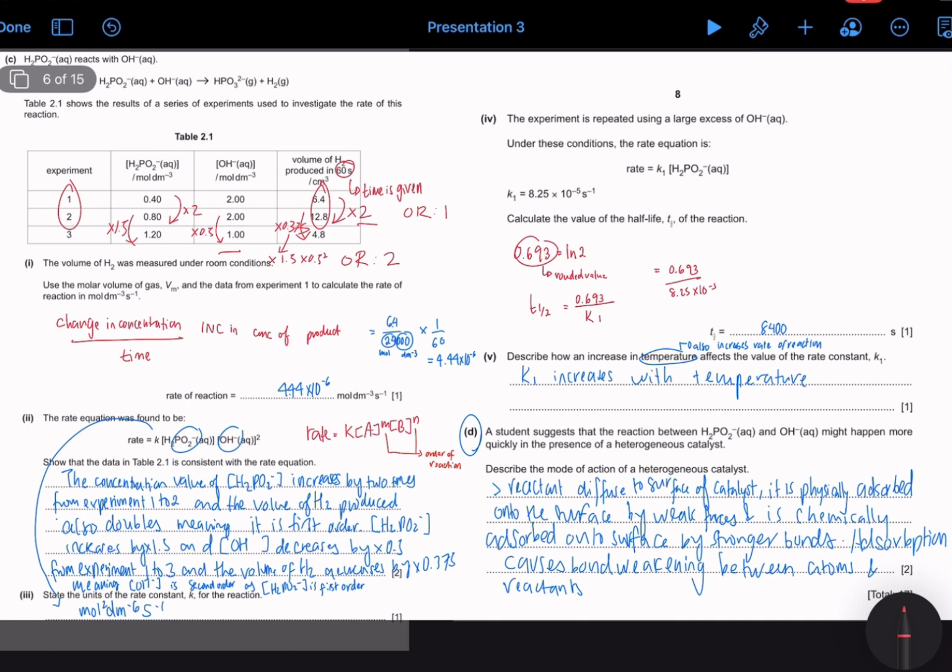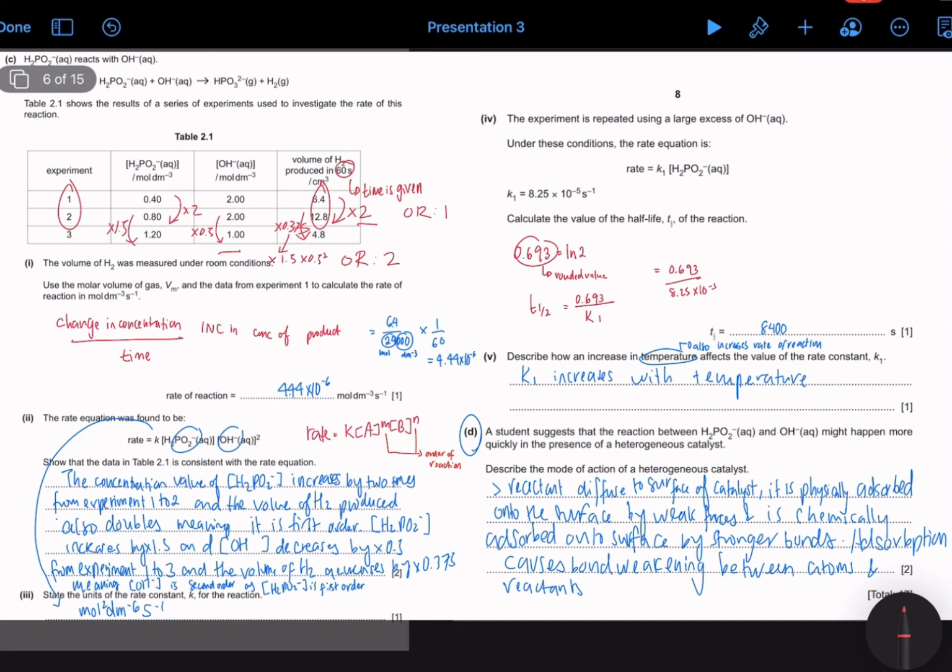It indicates that you times it by 1.5 and then times it by 0.5 squared, and the relationship is in squares, so this indicates that this one is second order. So again, this confirms your H2PO2⁻ is first order and your OH⁻ is second order.